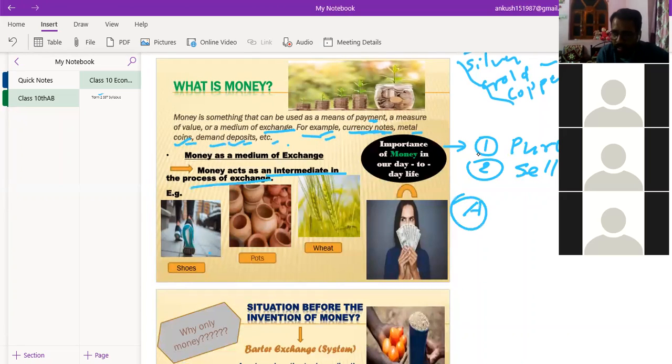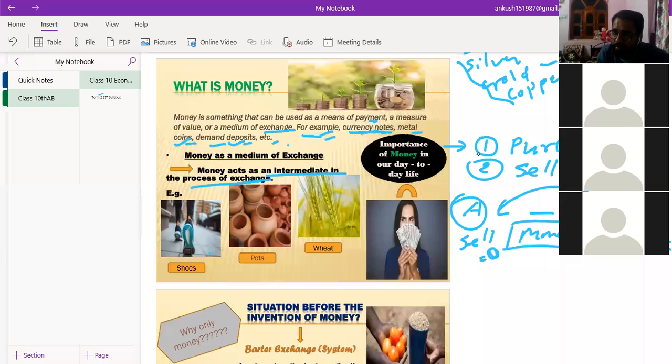Like suppose it is A and it is B. A wants to sell something and B wants to purchase something. Are you getting? So what will B do? B will give money to A and will purchase whatever is available over here and he wants, in exchange of money.